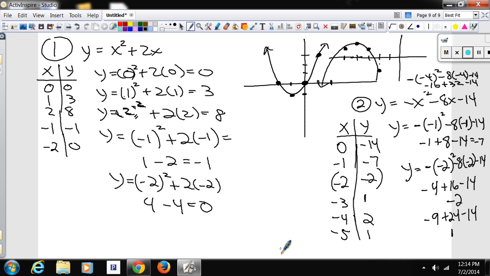Here are your graphs, answers to the ones that are on the worksheet. Semester 2. Semester 1, I also have your answers if you want to see them for your worksheet today.